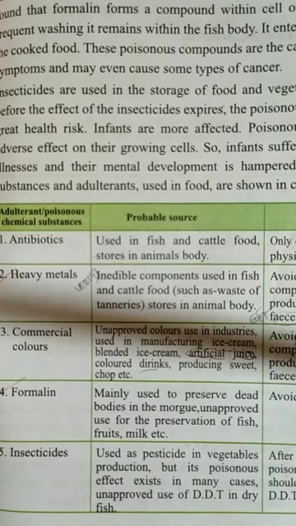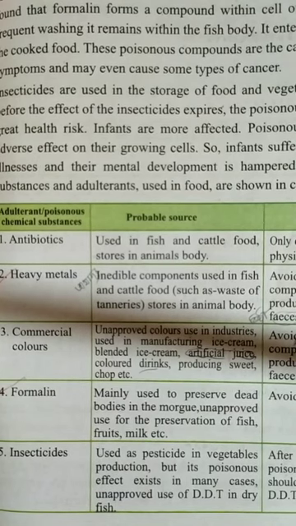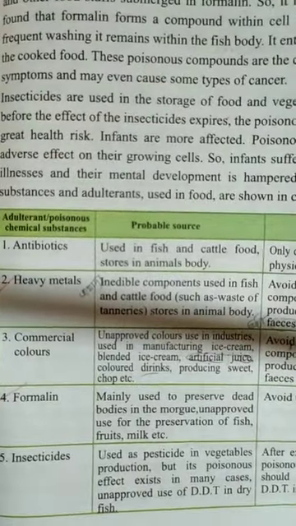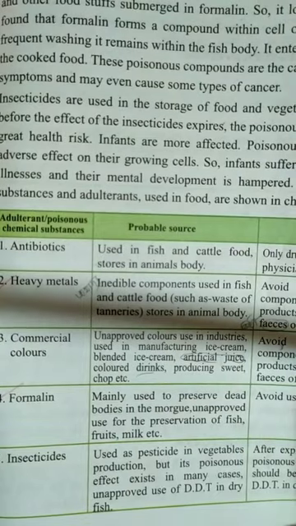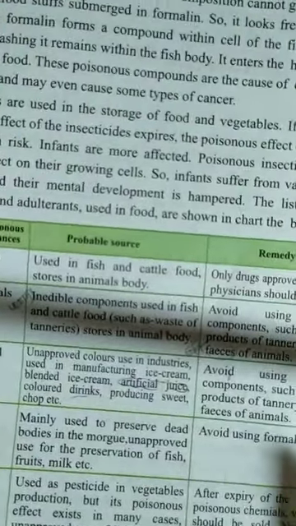These poisonous compounds are the cause of complex disease symptoms and may even cause some types of cancer. So this is a chart of adulterant food, probable source and remedy.